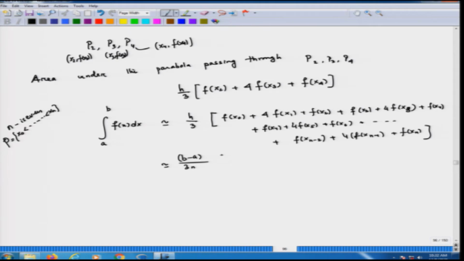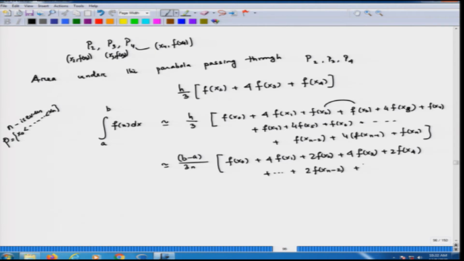So, this is (b minus a) by 3n times f of x naught plus 4 f of x1 plus 2 f of x2 plus 4 f of x3 plus 2 f of x4, goes like this, plus 2 f of x n minus 2 plus 4 f of x n minus 1, plus here the last term is f of x n. So, this is what is called Simpson's rule.